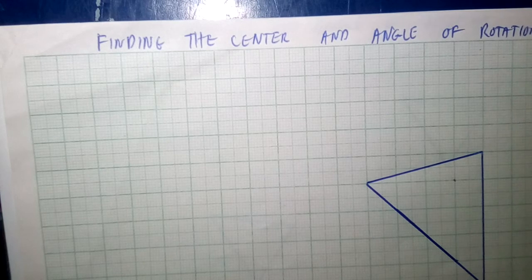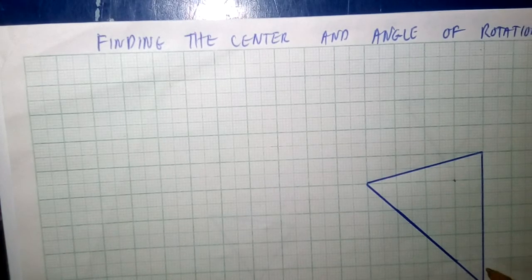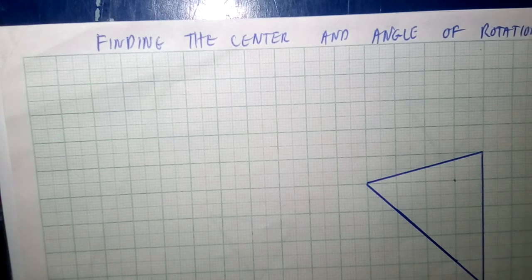So let me put here 4. Okay, and then when that is rotated, this will then come down here. 1 2 3 4 5, which would then be right here.